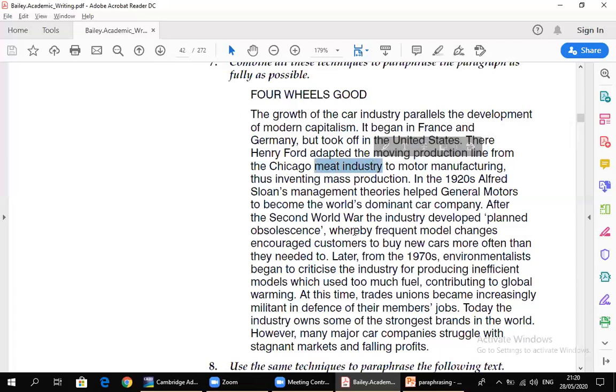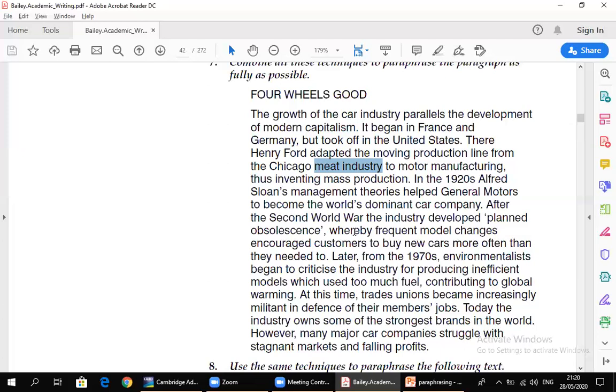Can we say food industry? But if we say food, it would be unspecific. Too general. So we change it from a main idea to a general idea. So we should keep it as meat industry.